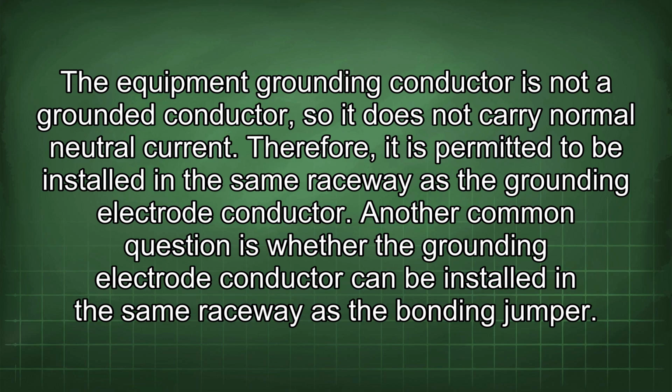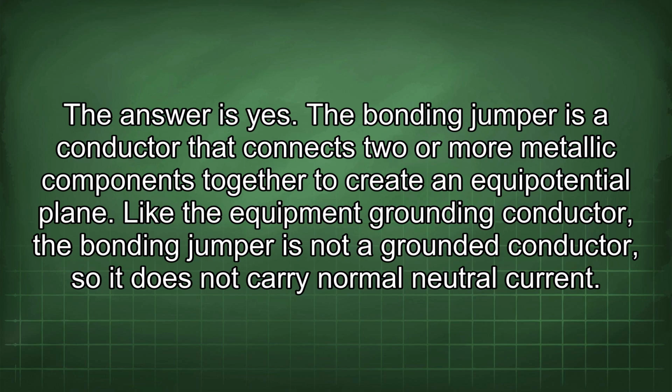Another common question is whether the grounding electrode conductor can be installed in the same raceway as the bonding jumper. The answer is yes. The bonding jumper is a conductor that connects two or more metallic components together to create an equipotential plane. Like the equipment grounding conductor, the bonding jumper is not a grounded conductor, so it does not carry normal neutral current.